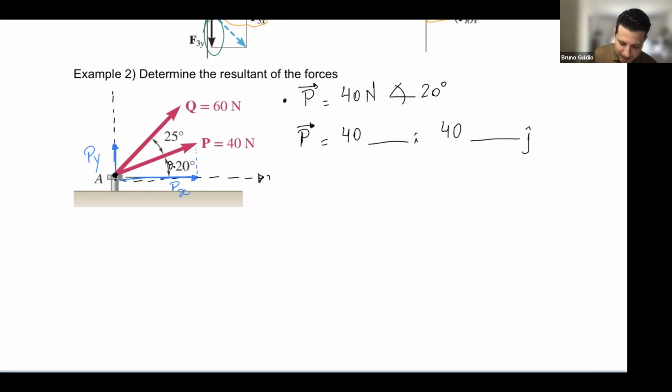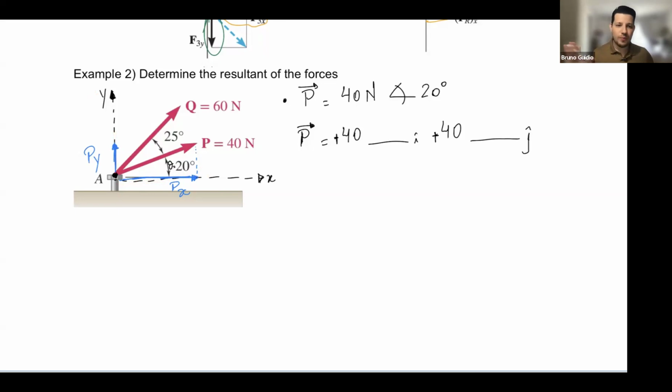If this is x, this is y, what about positive, negative? Px is going to be positive or negative? It's going to be positive, because Px is on the positive x direction. What about Py? Py is also going in the positive direction of y, so Py is also positive.